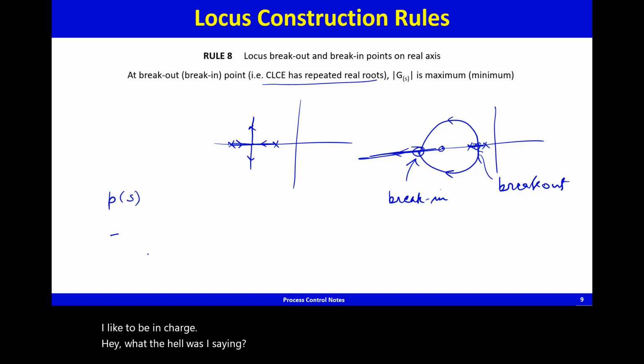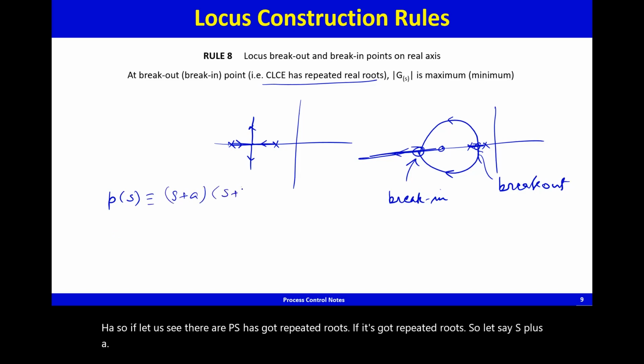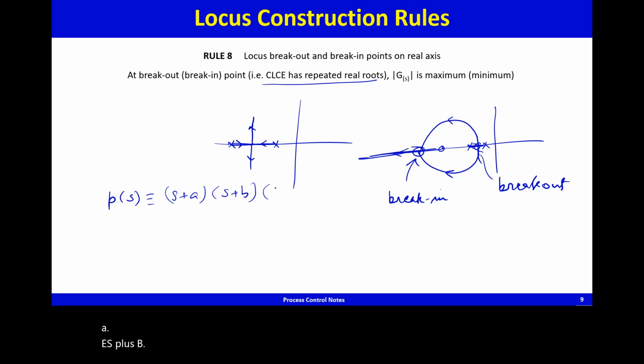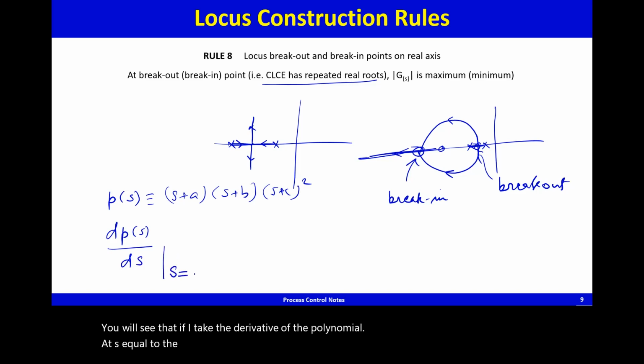So let us say P(S) has got repeated roots. Let's say S plus A, S plus B, and let's say S plus C is repeated twice. You will see that if I take the derivative of the polynomial at S equal to the repeated root, the repeated root is minus C actually here.